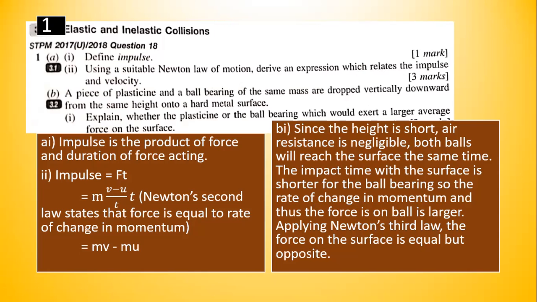Applying Newton's third law, the force on the surface is equal but opposite. Okay. Plasticine is softer, so it takes a longer time as it hits the surface. So the rate of change in momentum is also smaller, so the force is also smaller on the surface.